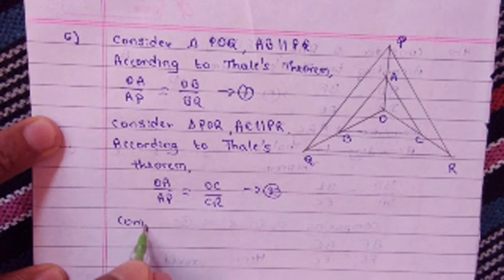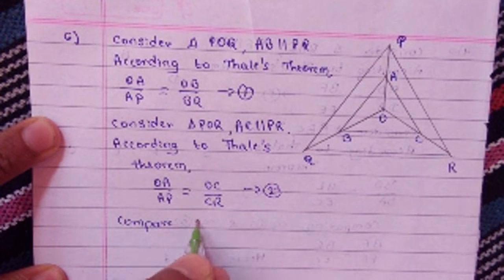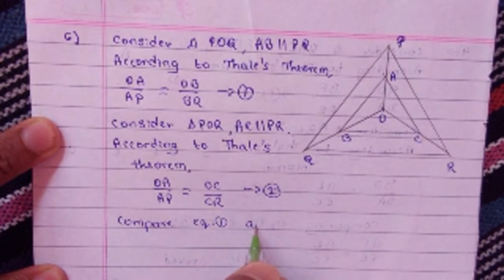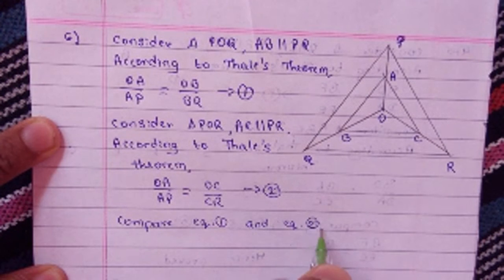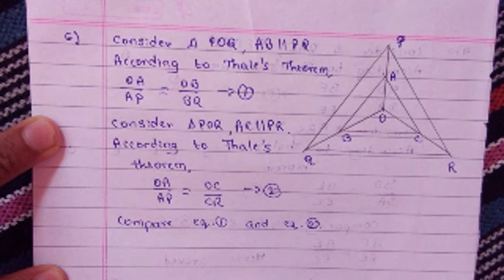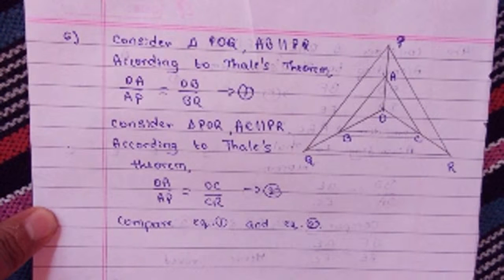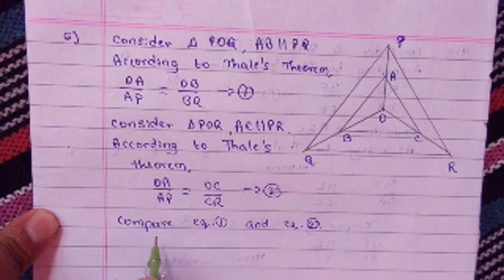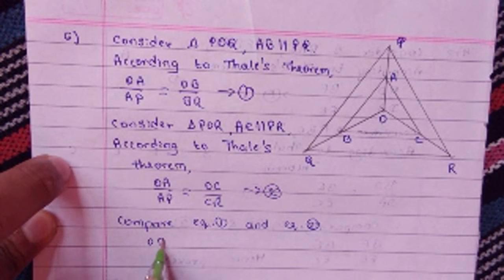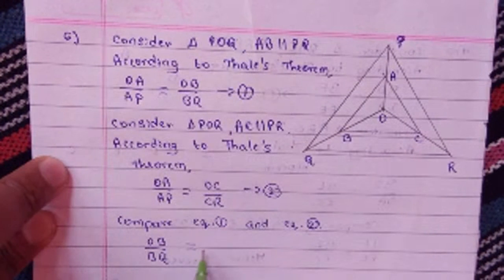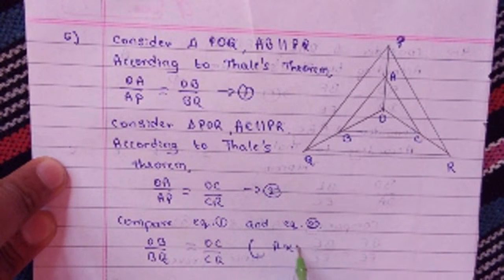So now we compare equation 1 and equation 2, because the left hand side value is the same. So according to the axiom, we can write OB divided by BQ equals OC divided by CR. I'll write the reason as axiom.